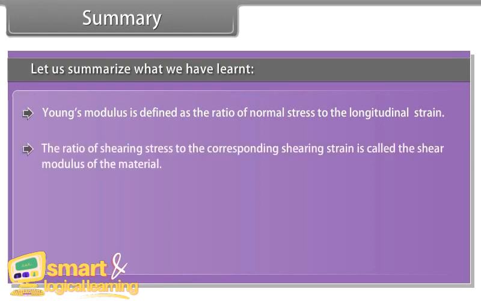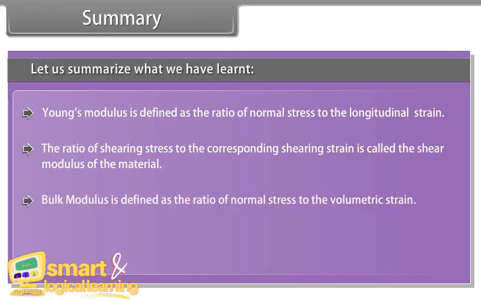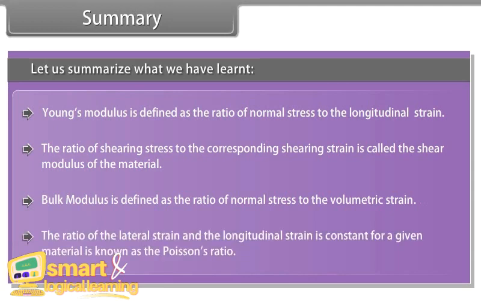The ratio of shearing stress to the corresponding shearing strain is called the shear modulus of the material. Bulk modulus is defined as the ratio of normal stress to the volumetric strain. The ratio of the lateral strain and the longitudinal strain is constant for a given material, known as the Poisson's ratio.